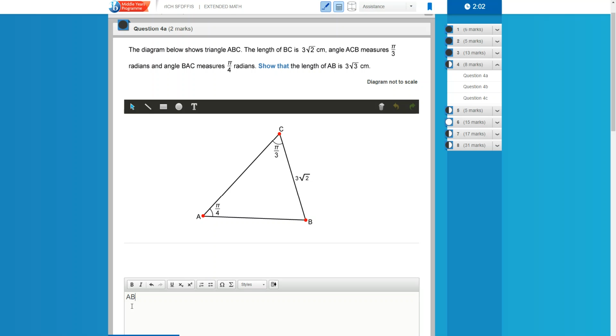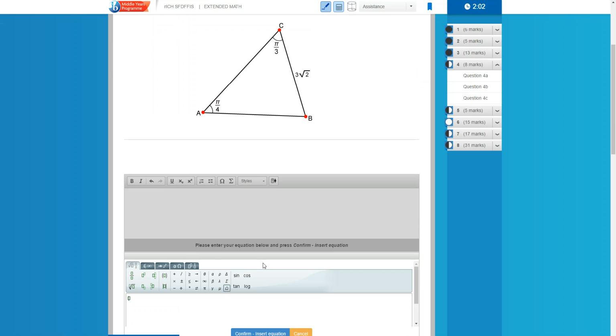AB over, I'll start you off. I'm going to use the equation editor to make it look nice.